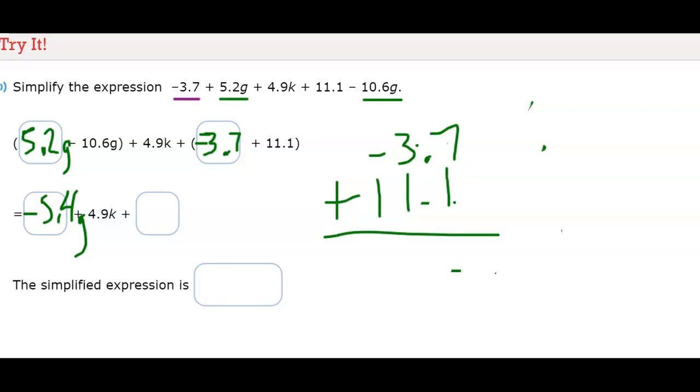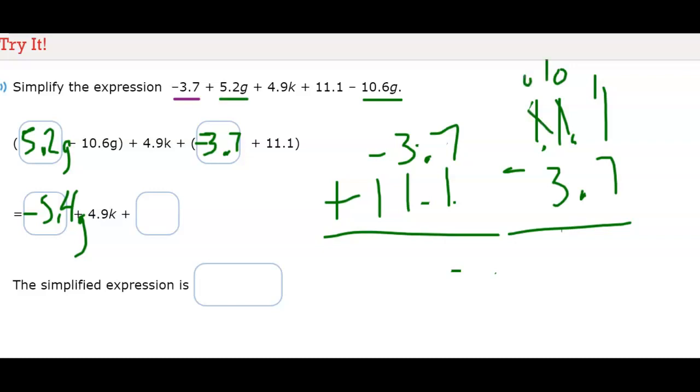So let me rewrite it to where this is there. We're going to have to regroup. And then we have 11 minus 7 is 4.